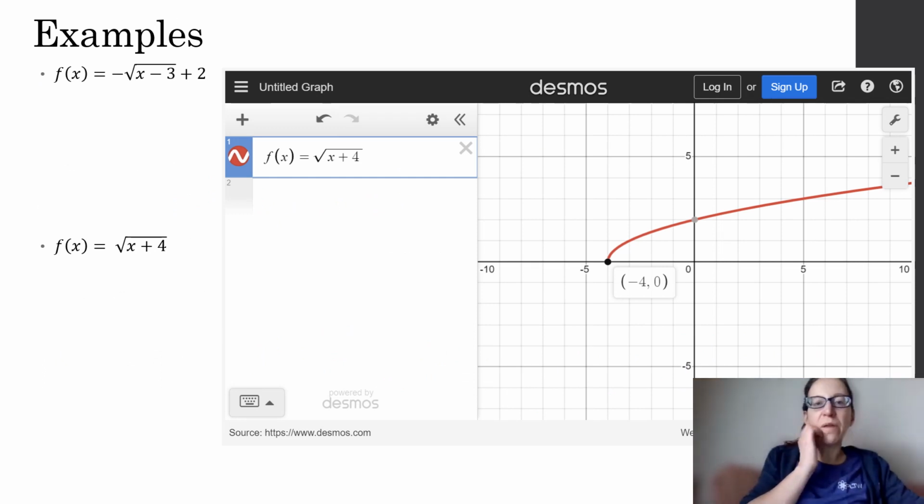So here are a couple of examples. Hopefully I can do these again without messing up. So I'm going to click on the Desmos calculator. And I'm going to go in and type in my first function here.